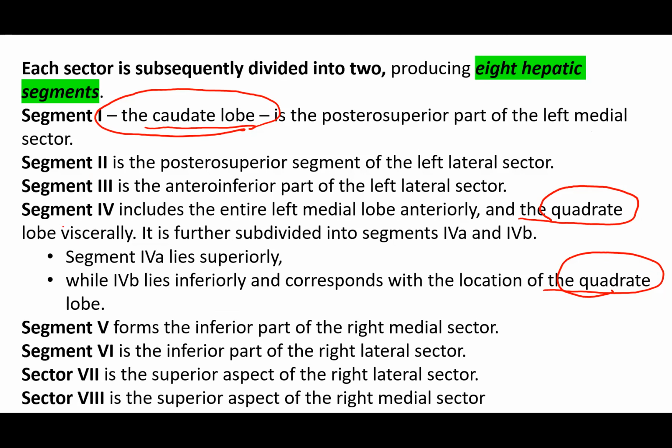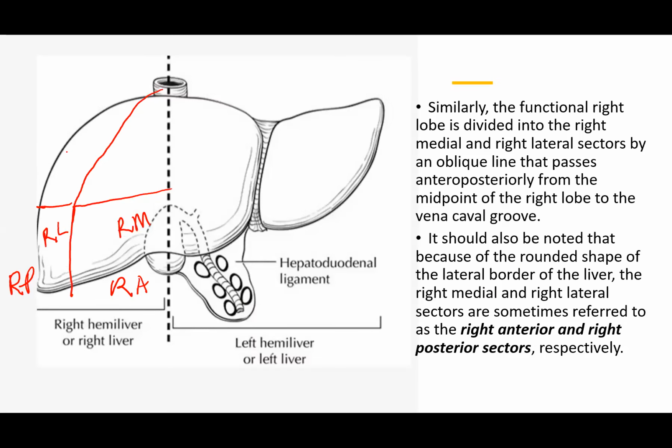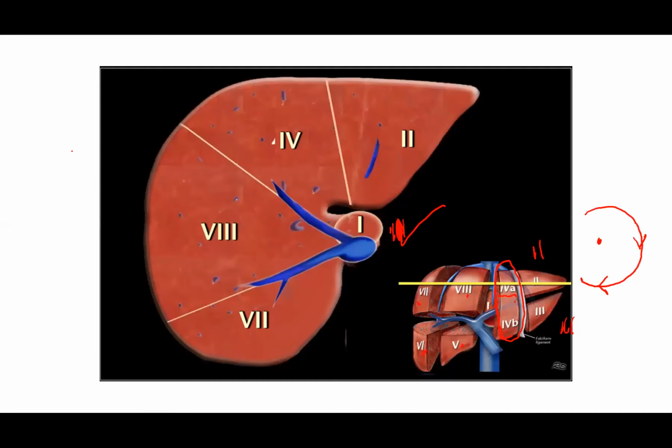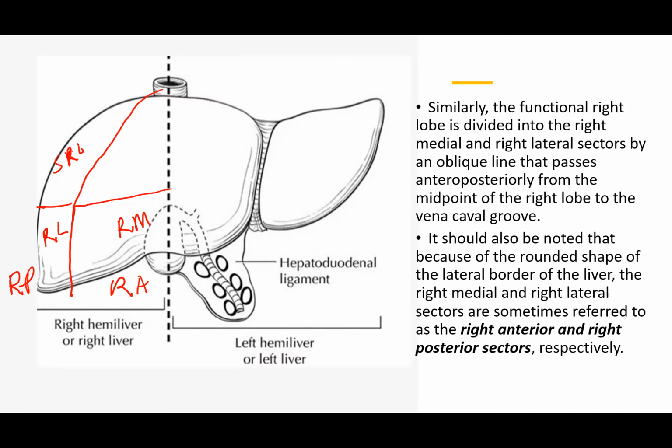Segment 7 is the superior aspect of the right lateral. Superior right lateral. And segment 8 will now be what? Superior aspect of the right medial.